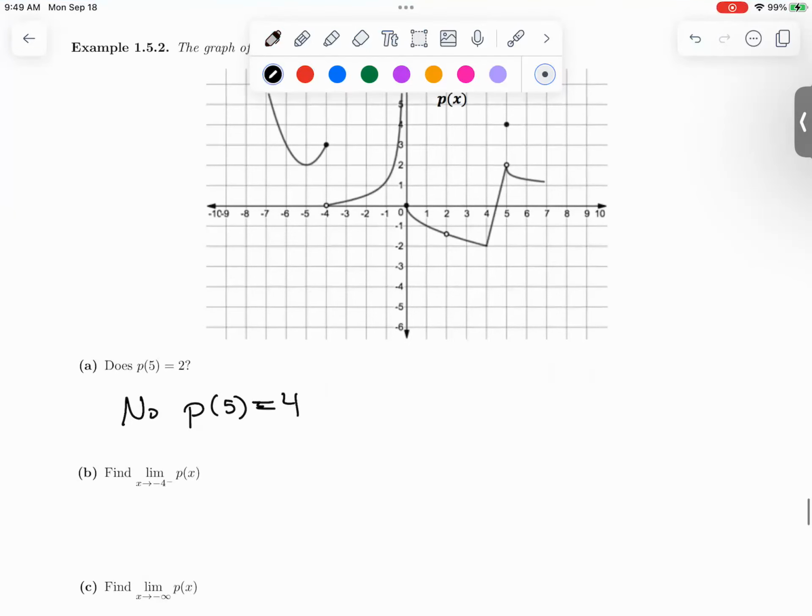So the limit as x approaches -4 from the left of p of x. Everyone get a chance to look at it. Don't answer it out loud. What's the limit? 3. Very, very good. So I color code this as we approach -4 from the left, we approach 3.